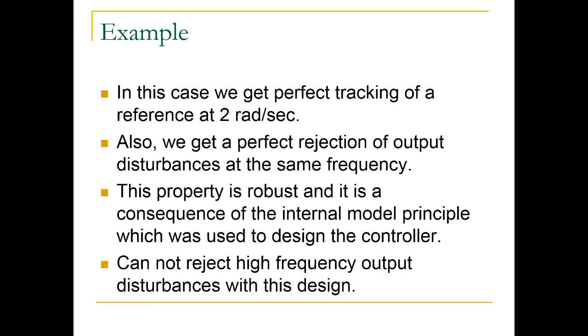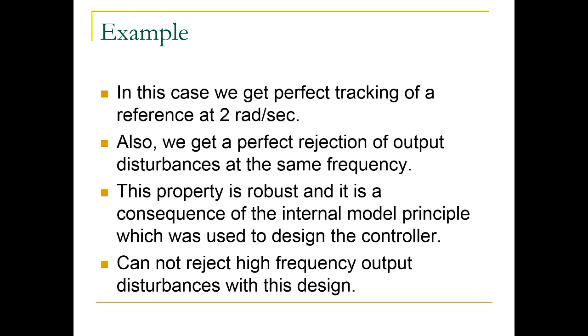So this property is robust in the sense that if you perturb slightly either the plant or the controller, as long as the generating polynomial stays the same and we preserve stability, we are still okay. So even when I change A and B and I change the controller or keep the same controller, but the closed loop is still stable, that will still give you perfect tracking because we enforce the generating polynomial on the controller.